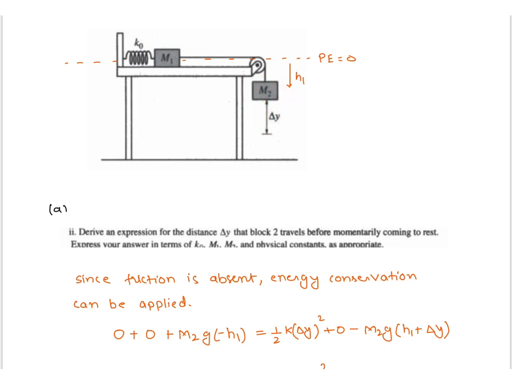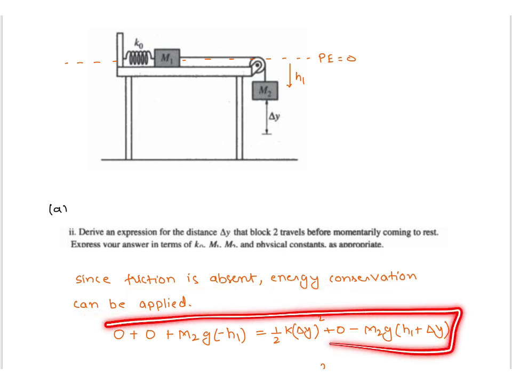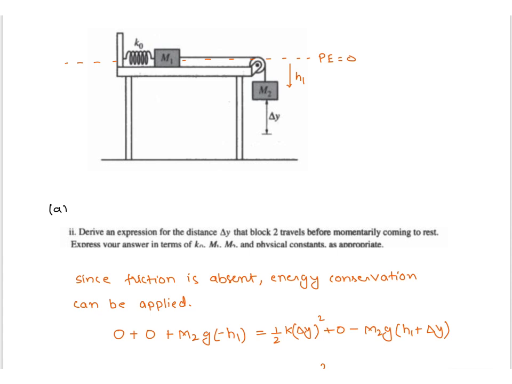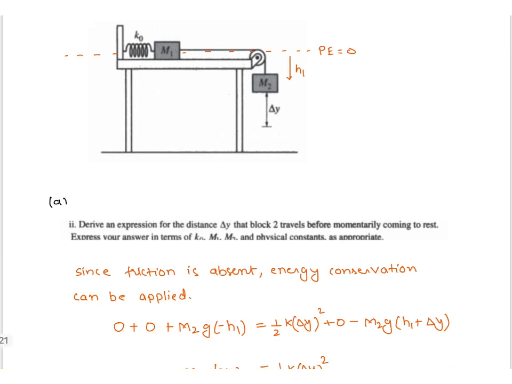Okay, so first we have to write the energy conservation equation that will give us a point. But before that, you have to tell that since friction is absent, we can apply energy conservation. So let's see how we are writing this energy conservation equation. So I am assuming at this horizontal level, potential energy is zero.